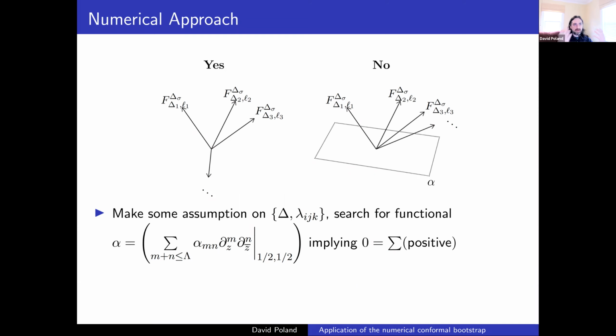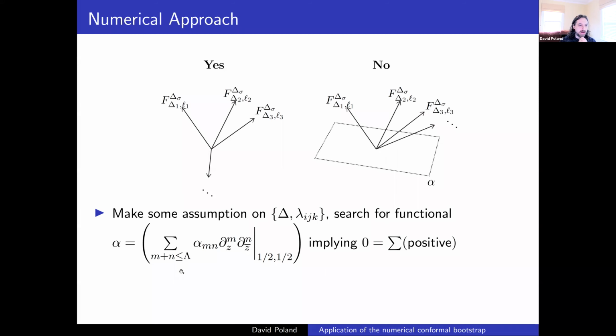And so the idea behind the numerical bootstrap is to make some assumption about the spectrum of scaling dimensions and OPE coefficients, and then search for this kind of separating plane, or equivalently search for a functional, which you can apply to the crossing relations, where in practice we take linear combinations of derivatives of the crossing relations with respect to the cross ratios at the crossing symmetric point.